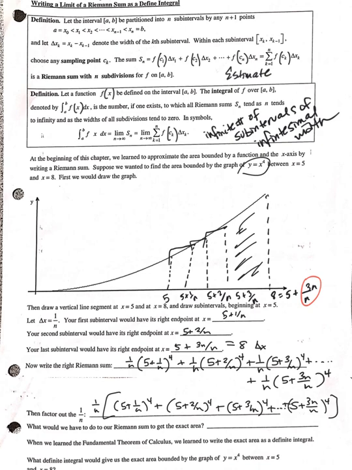So how would we get our Riemann sum to get an exact area? Well, wouldn't we have n go to infinity? Because if n went to infinity, there would be no estimation error. So you'd have n tend to infinity.